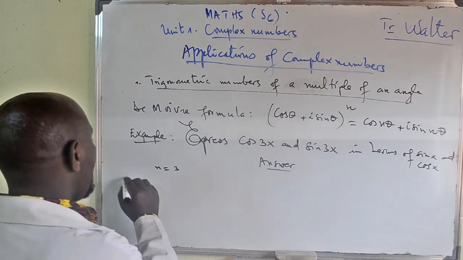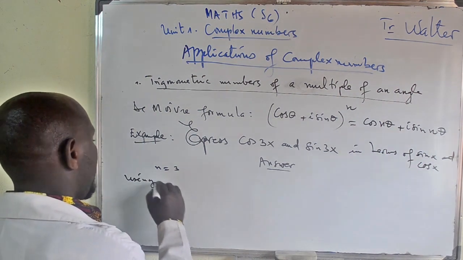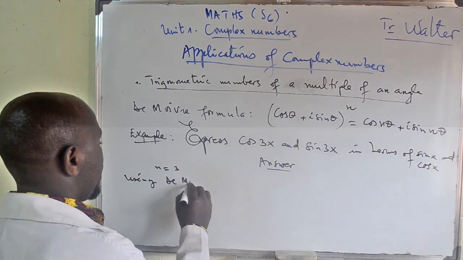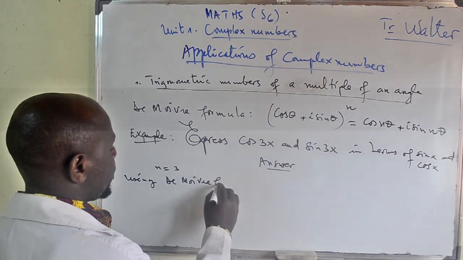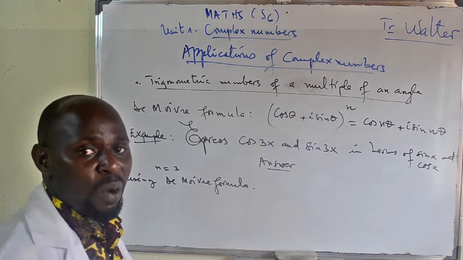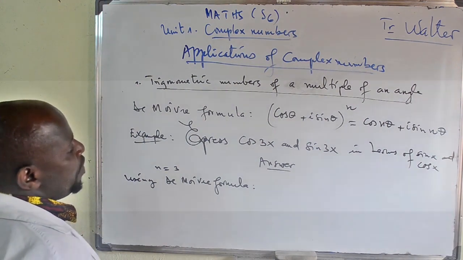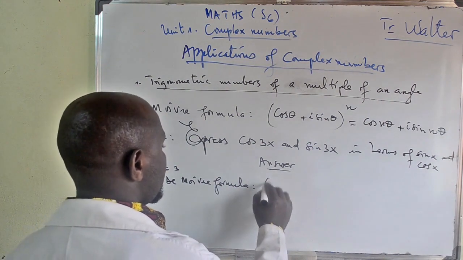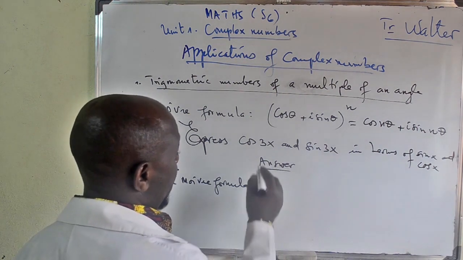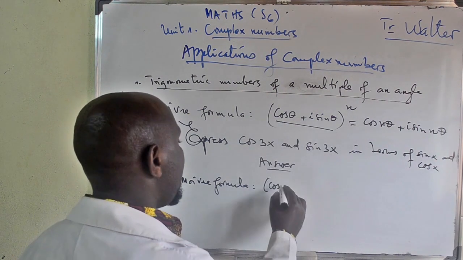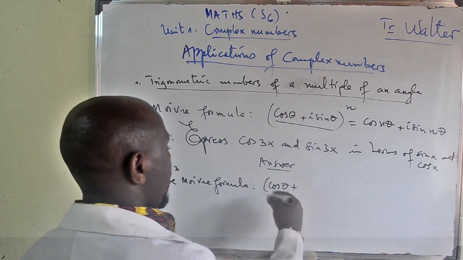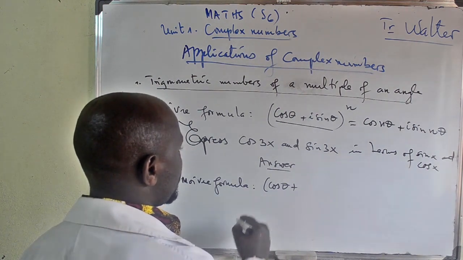Now, using the De Moivre formula, ladies and gentlemen, what are we going to get? If you use the De Moivre formula, we shall see that it is cos. Remember we shall always start from here. It is cos theta, which is z actually, z which is equal to what now?